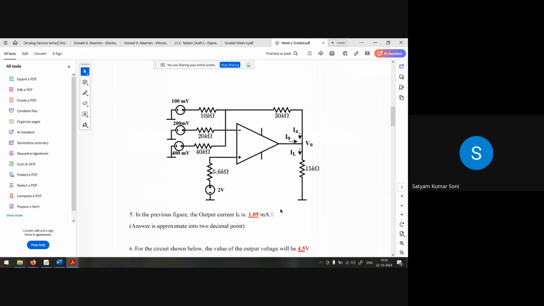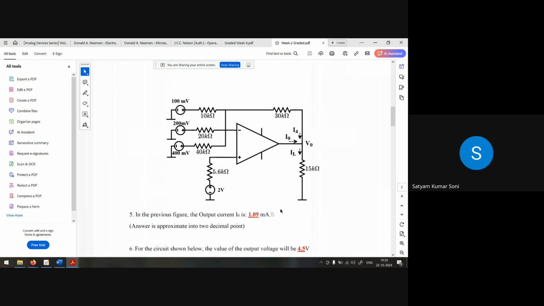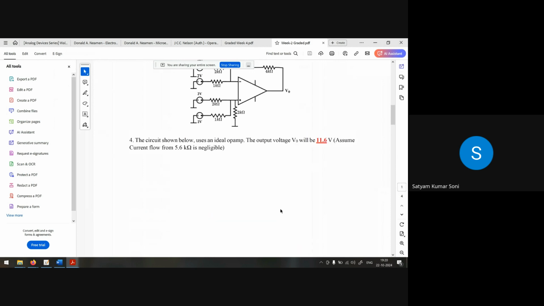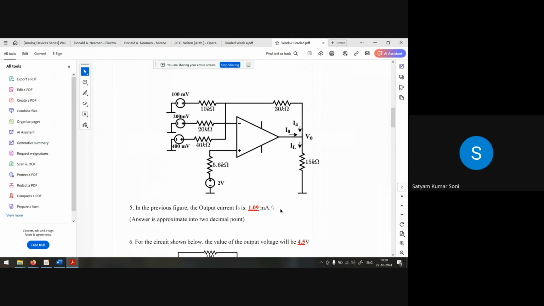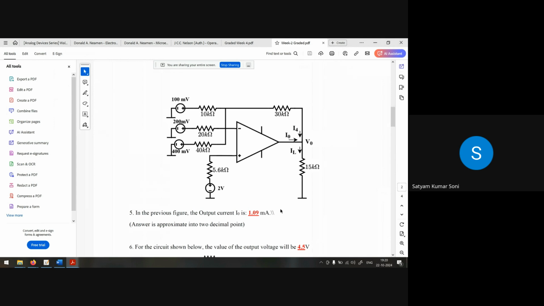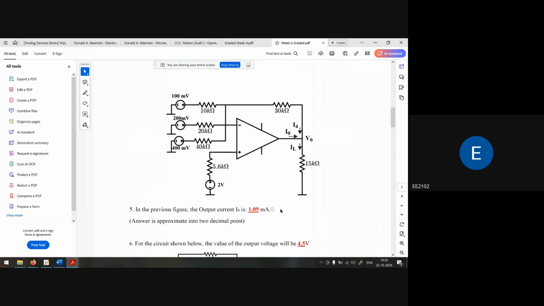Sir, I'm getting a wrong answer. I think some plus and minus is wrong here. Could you solve this question? You are getting around 12 by 2.